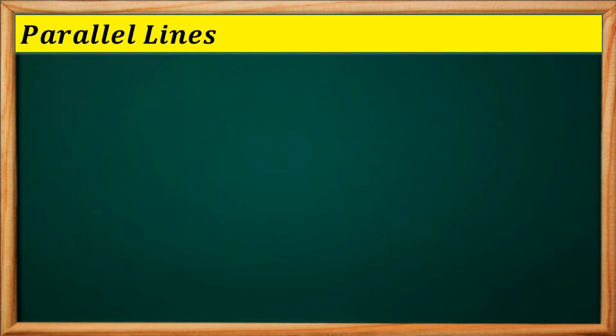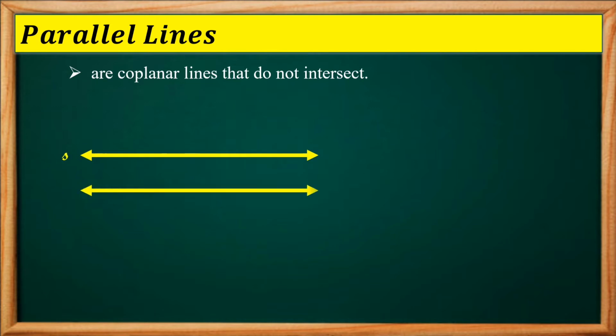Okay, parallel lines. Konting review lang muna tayo. Parallel lines are coplanar lines that do not intersect. If we extend those lines, which are line S and line T, then they will not intersect. Kahit pa gaano ka-extend na gagawin natin dyan, hindi na yan mag-i-intersect. Then, the symbol used to denote parallel is this symbol.